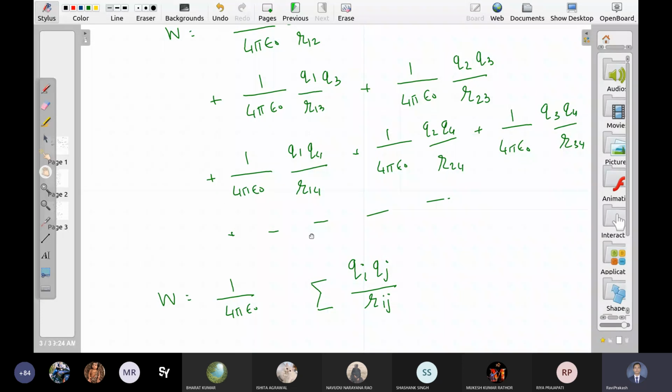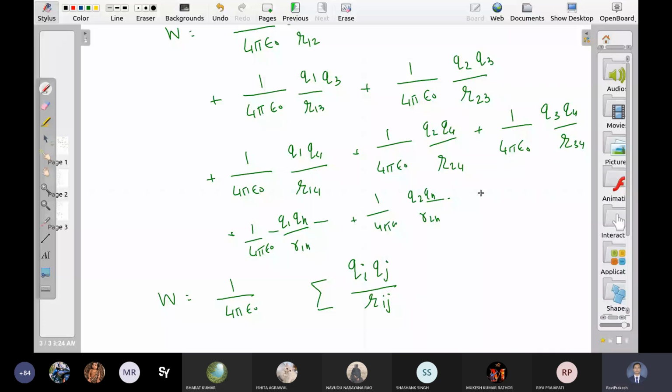What is the last term? If we bring the nth particle here, 1 n minus 1, Q1 Qn upon R1n. Okay. Then we have 2 3, 2 4. And what is the last term? 1 by 4 pi epsilon naught Q2 Qn upon R2n.